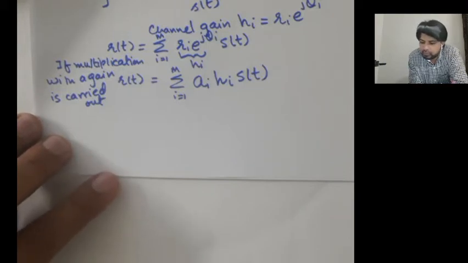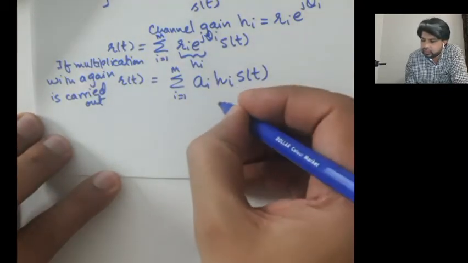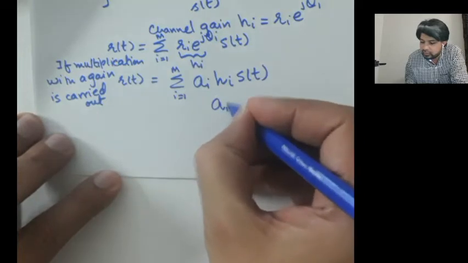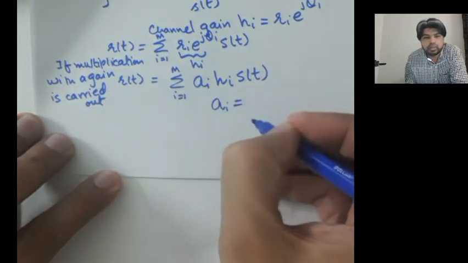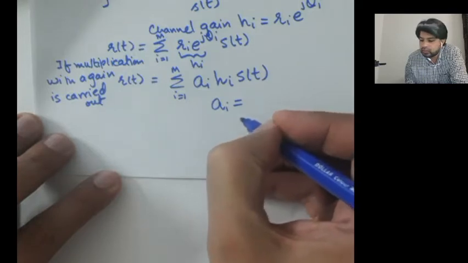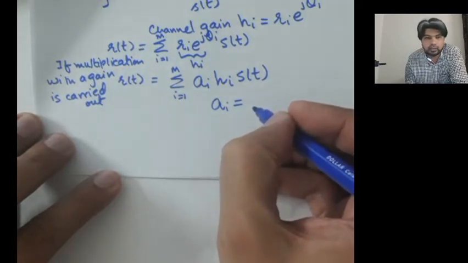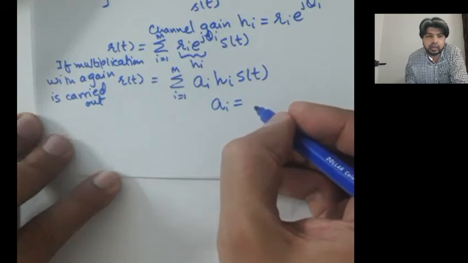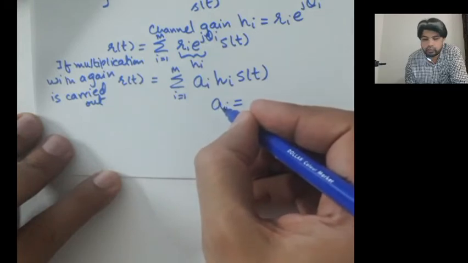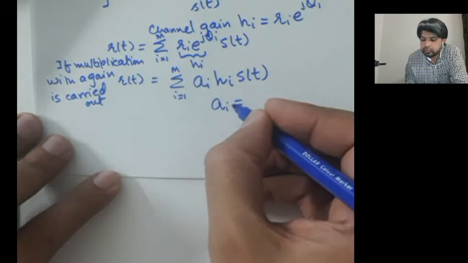One important thing to note is that this Ai is a gain at the transmitting side, so it cannot have an infinite amount of gain. That would result in an unfair comparison, because if you multiply with a very high gain, your transmitted power would increase a lot.